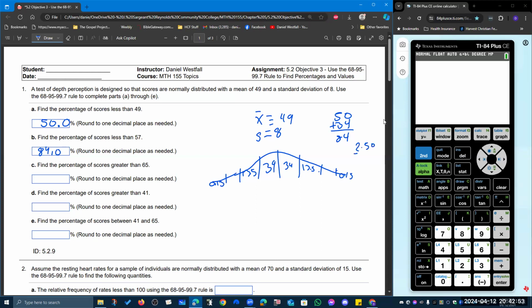I had 5 minus 1 is 2.35. So greater than that, though, is going to be 2.5%, because there's 95% here.